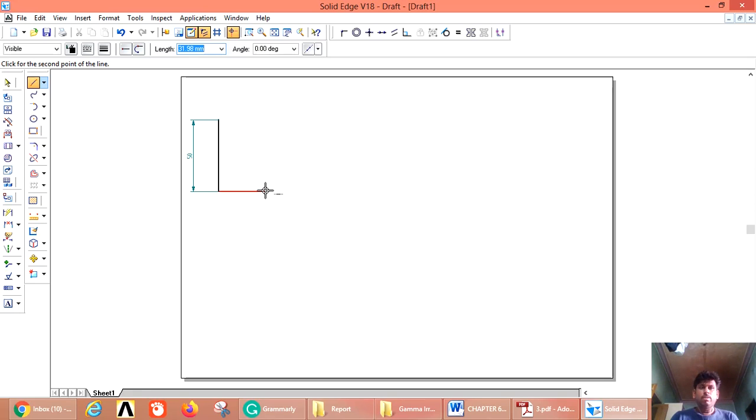Therefore, let us assume that 1 centimeter is equal to 20 degrees.